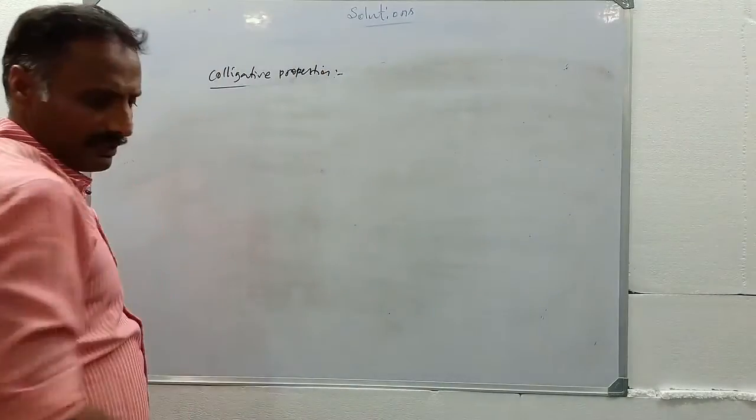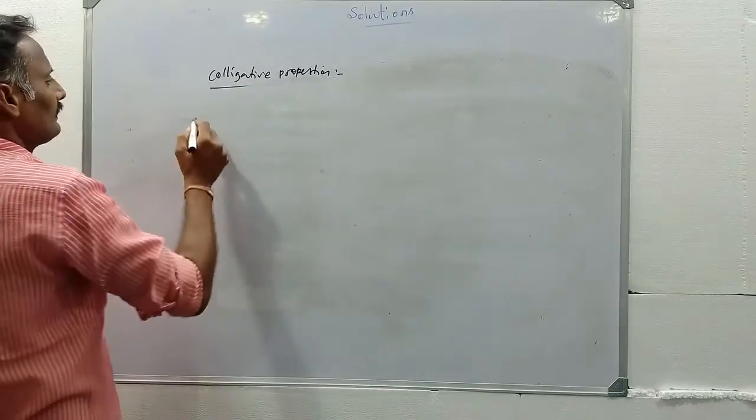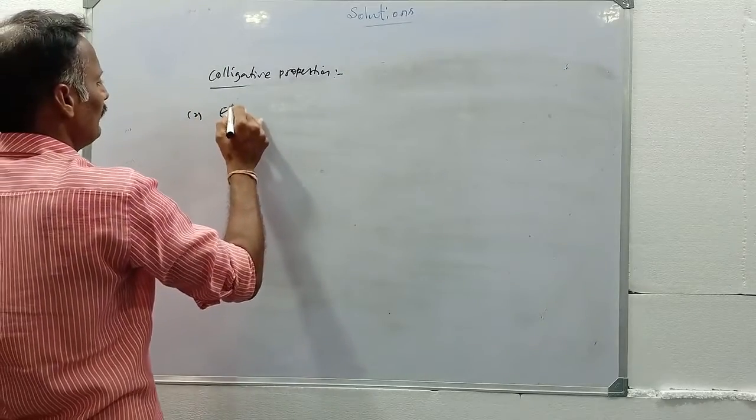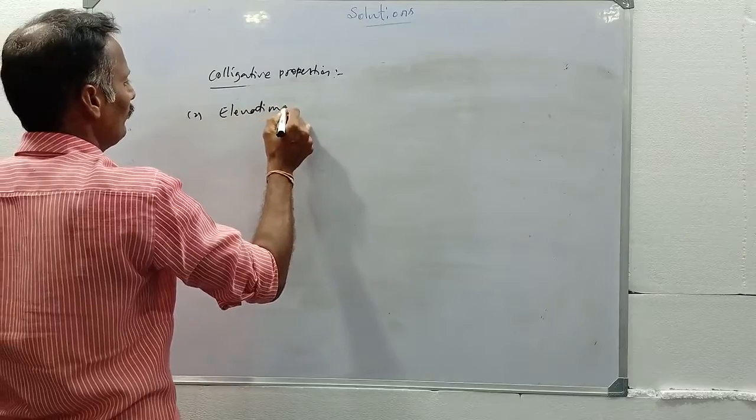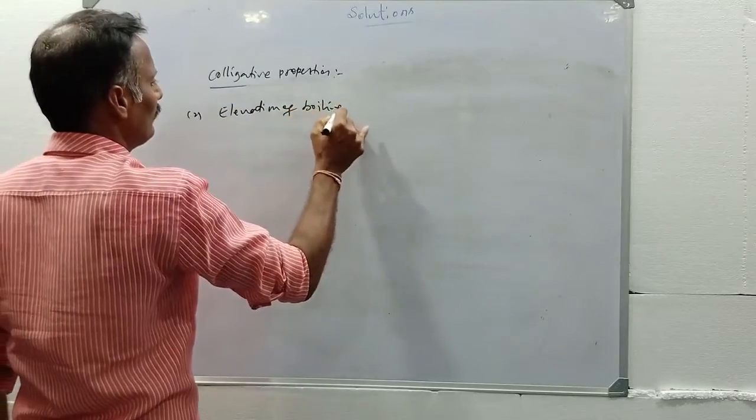The next colligative property, the second colligative property, is elevation of boiling point.